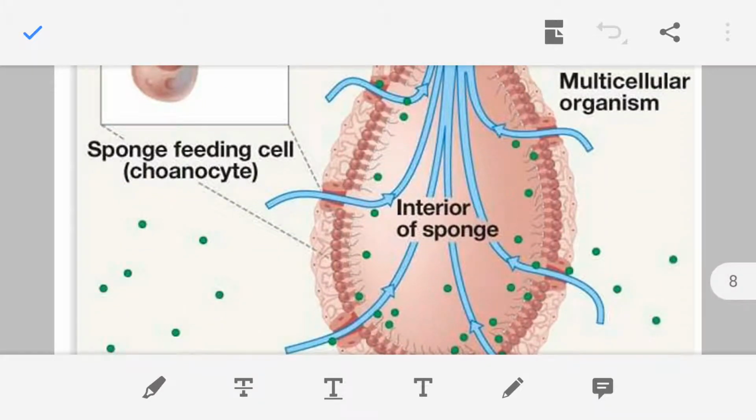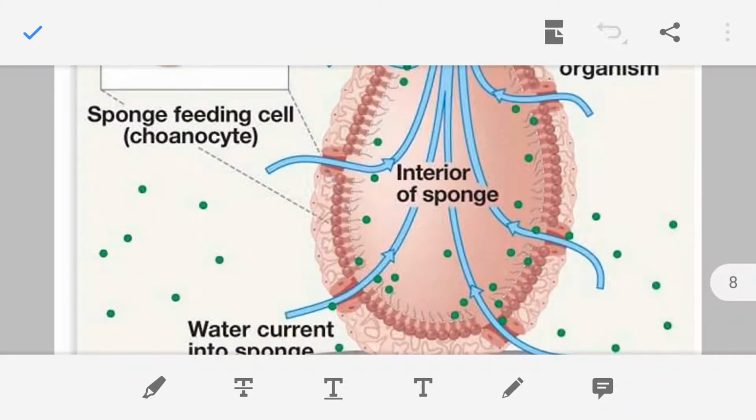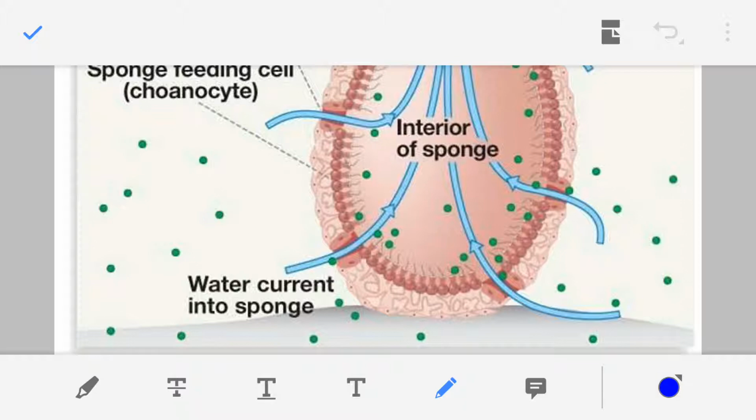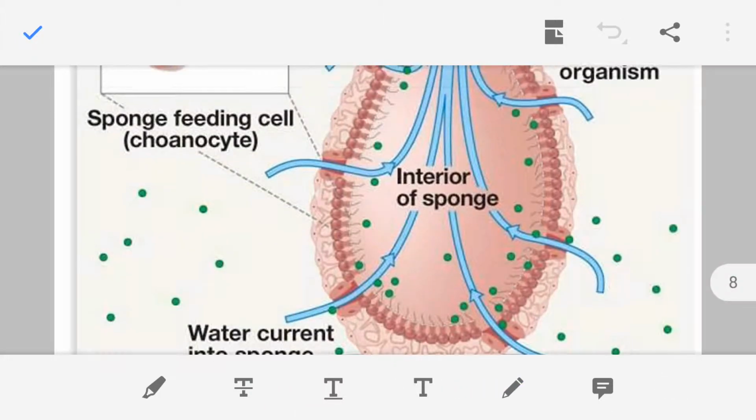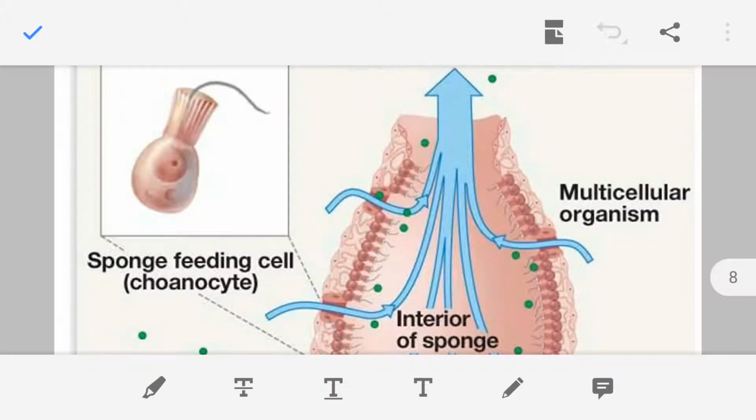All the flagella are continuously beating, and due to that a current is generated. Due to the beating, the ocean water or river water or sea water enters through the pores into the sponge body. When the water enters the sponge body, as you can see in green color, they have shown the food particles. So food particles also enter the interior of the sponge.